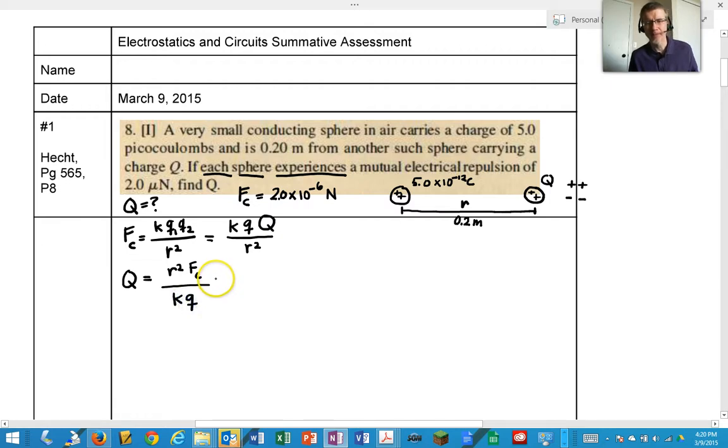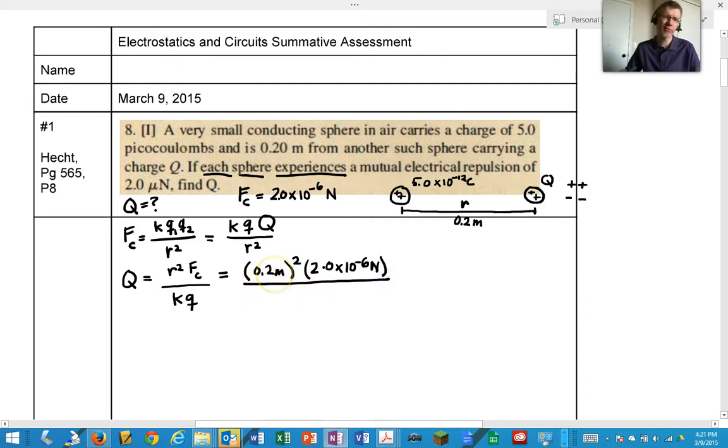So let's start plugging in what we know. We know that the radius is 0.2 meters, but we need to square that. Then we know F of C is 2.0 times 10 to the minus 6 newtons. That's the force of repulsion that they feel, so micronewtons. And then K, again, check your formula sheet.